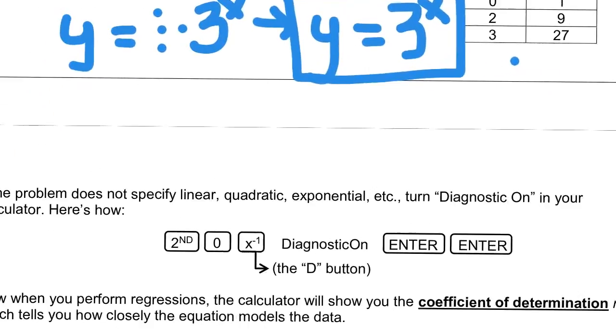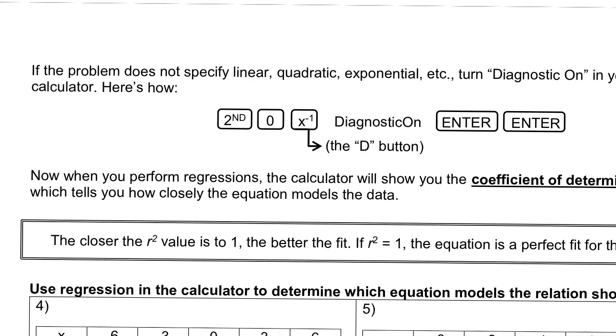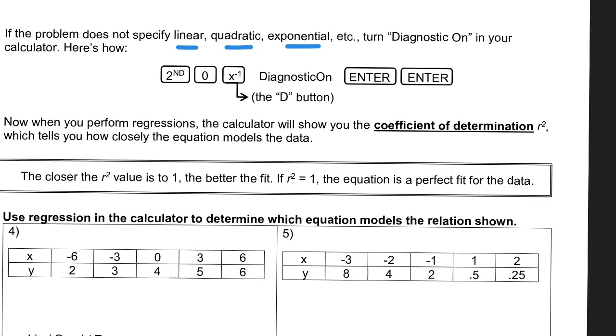Now some problems do not specify if it's linear, quadratic, or exponential. In that case, we'll have to turn on our diagnostics and be able to tell which function has the closest regression. Once you've turned your diagnostics on, then enter your table into the stat function.